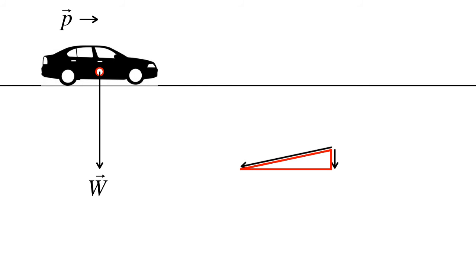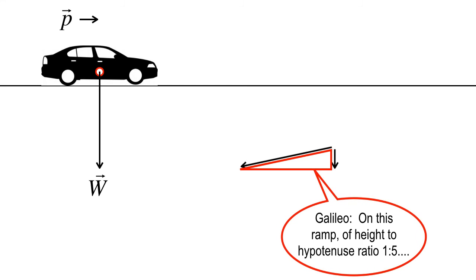All right? And it's explained in the book how you would do it with a piece of wood and make a wooden ramp. And Galileo said, all right, you say 0.02 for the push force, and I know that there's about 0.1 weight units of force. That gives me a ratio of height to hypotenuse about 1 to 5.